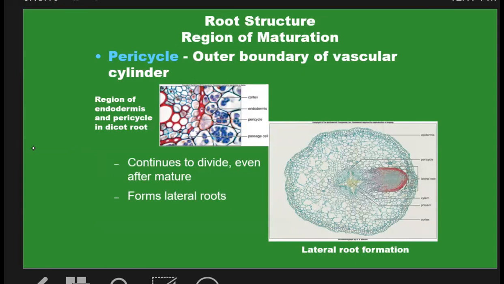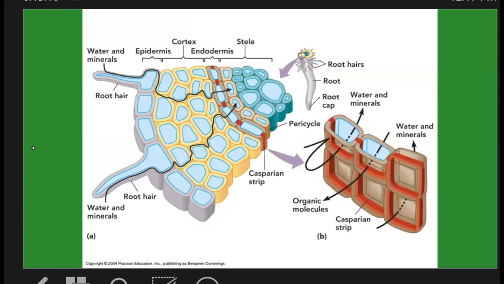Okay. The Casparian strip idea, this is trying to show that. So now again, we're seeing a section of a root in cross section, and you see the root hairs, and then the black line is trying to show the water movement pathway. They're saying, yep, the root hairs are taking up the water.